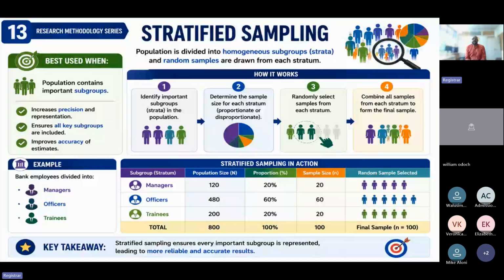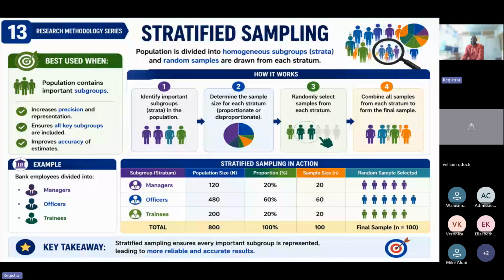If 20% of the population is managers, and you are collecting 100 samples, then 20 data should be from managers, 60 data from officers, 20 data from trainees. Hope you are getting me?